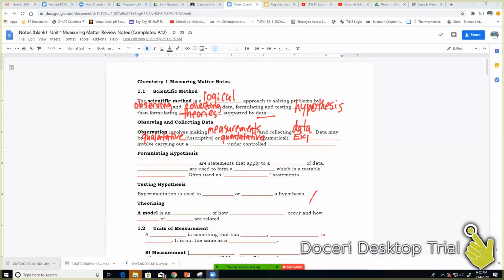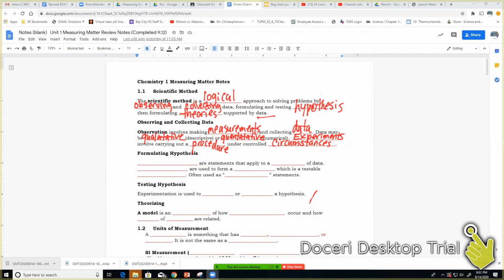Experiments involve carrying out a procedure under controlled circumstances. You have to have controlled circumstances, or circumstances that would be reproducible, so that your data and then your outcome would be valid.